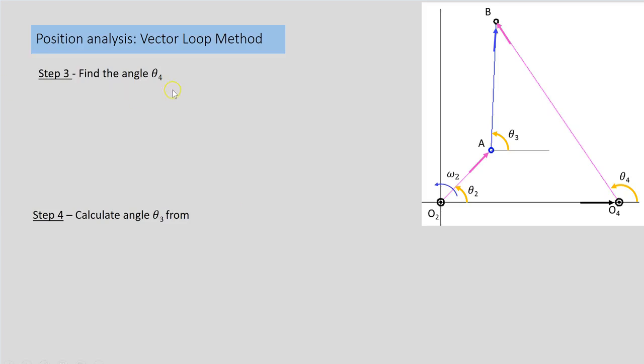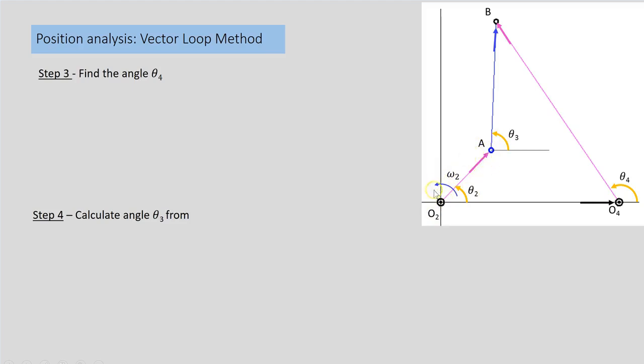Before we go to step 4, we need to find out which configuration our system, the 4-bar linkage, is in. If we look at this diagram, we can find that the angle is in the first quadrant. I also checked that this 4-bar linkage satisfies the Grashof condition, and the input link, link 2, is the shortest link.